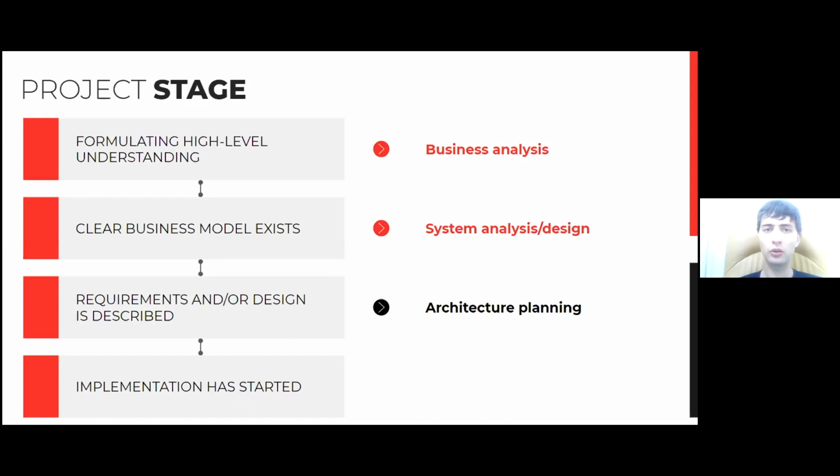During system analysis, we describe features from the high level, drilling down into the really detailed level. We describe features in detail and split them into user stories, so the user stories can be understood and implemented further by developers.